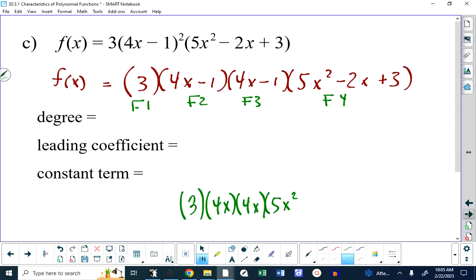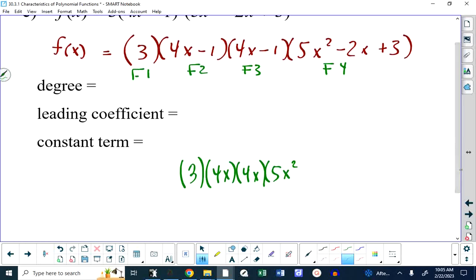When you expand this out, you're going to get f of x equals, let's do this. Go ahead and multiply that out. I want to say 240x to the 4. Okay? When you now look at, so this is the leading term.